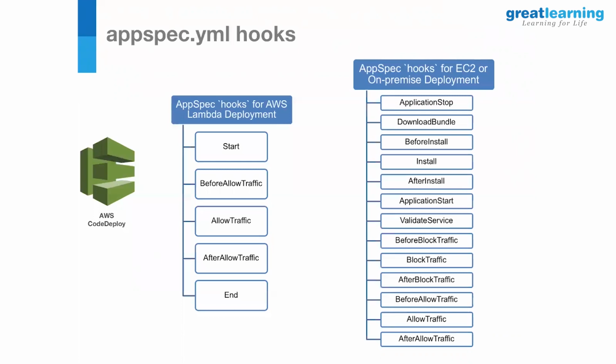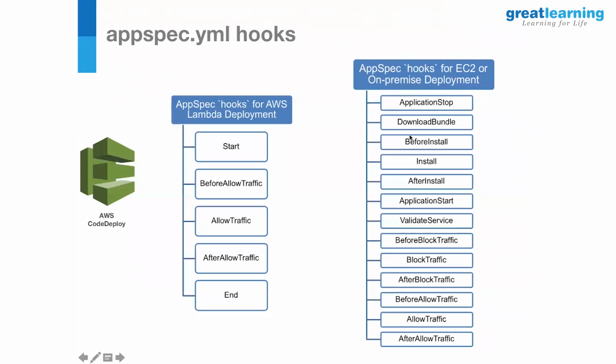hooks that we will be using in case of EC2 on-premise deployment is this. For example, if you're doing a web application deployment on an EC2 instance, first you would want to stop the application and then download the bundle. Download the bundle is all about downloading your artifact stored in S3 or GitHub onto the temporary location and then start your installation.